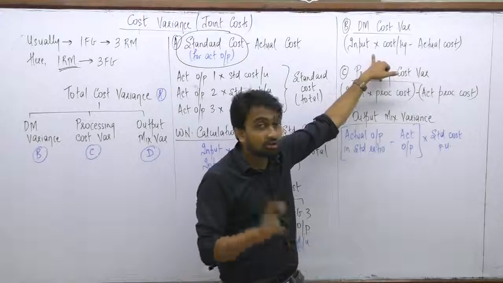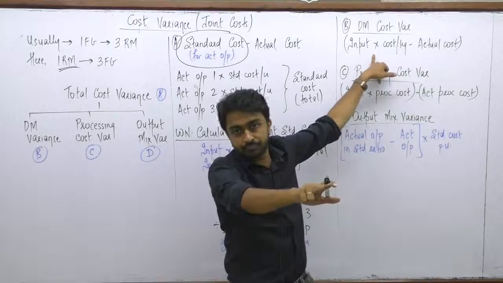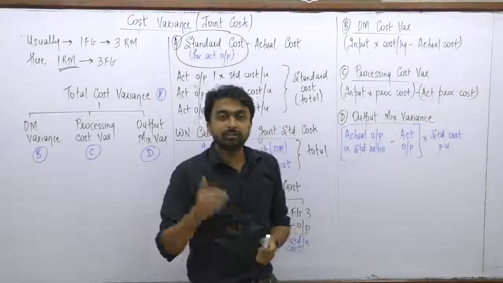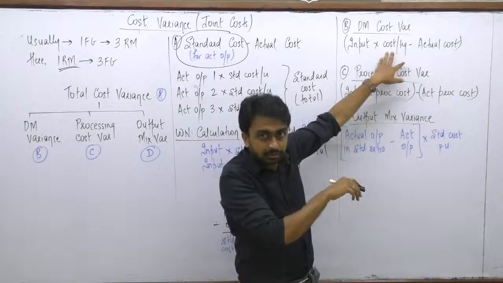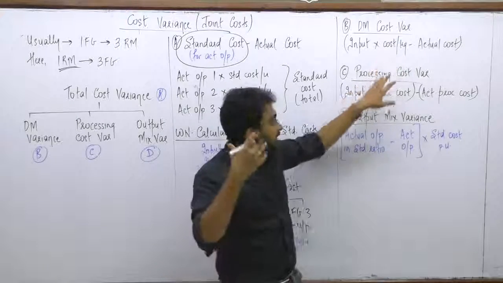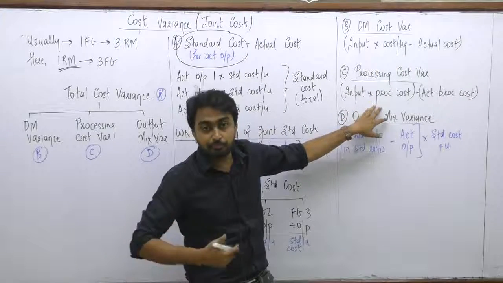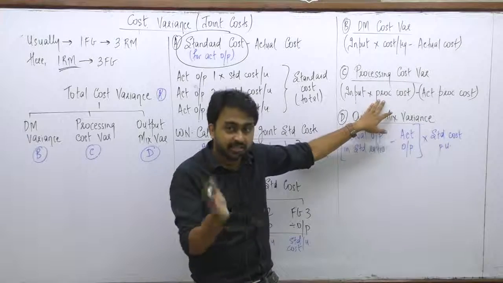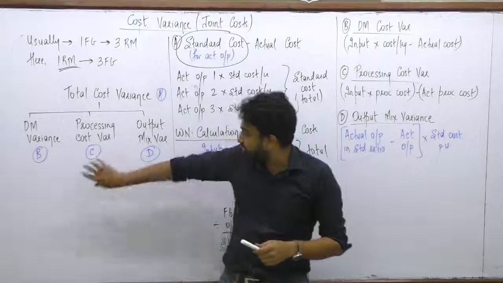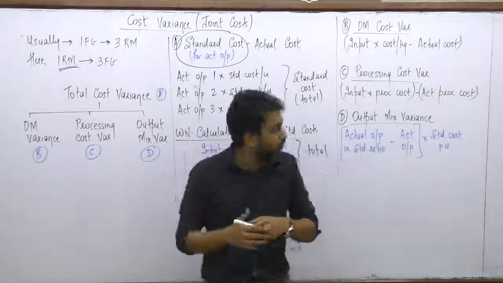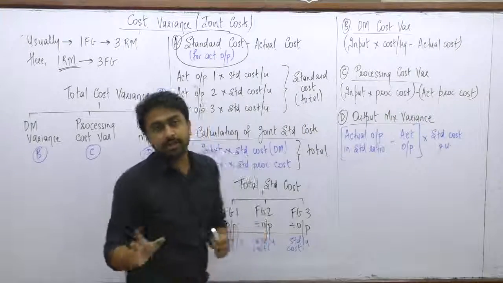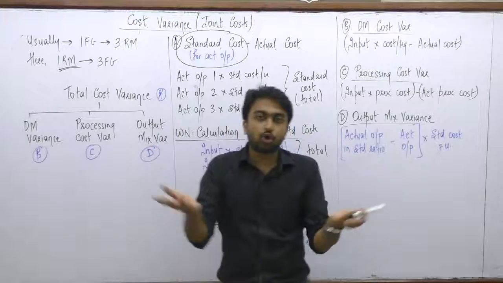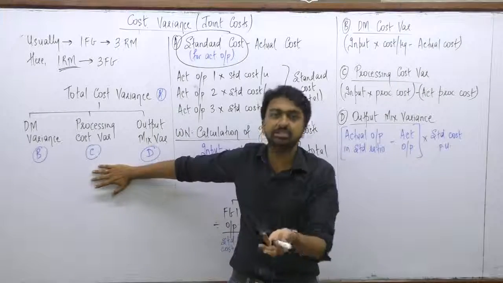Note that this was the purchase cost of DM. The purchase manager must have gone to the market to buy direct materials. That is captured here. Once the DM entered the factory, once I should have processed the DM, this is the DM's processing cost being point number C. So this processing cost minus my actual processing cost is my reason of the total cost changing due to processing cost changing.